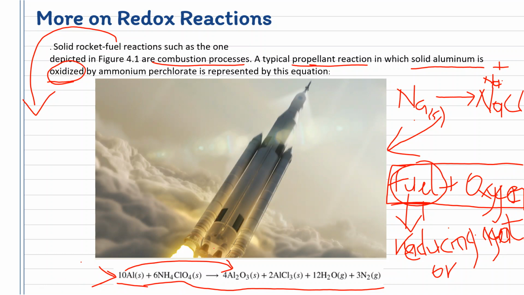So you see, the basic thing we learned is what is being applied by scientists here, and they use this to generate a lot of energy to cause a rocket to launch. So that's how the basic knowledge we're learning here is the same thing being applied. That's the whole import of what I'm trying to show you in this particular slide. So know that the basic concept you're learning is being applied on a larger scale.